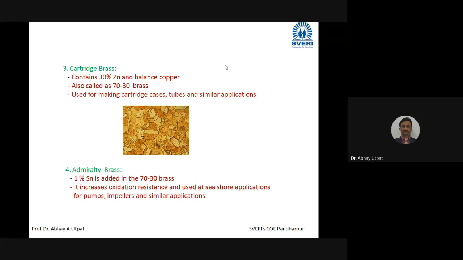Now this is the microstructure. How to draw that microstructure, I will let you know. We have studied steel microstructure, then cast iron microstructures, and these structures may also be asked in the examination. It is a very simple single phase alloy.